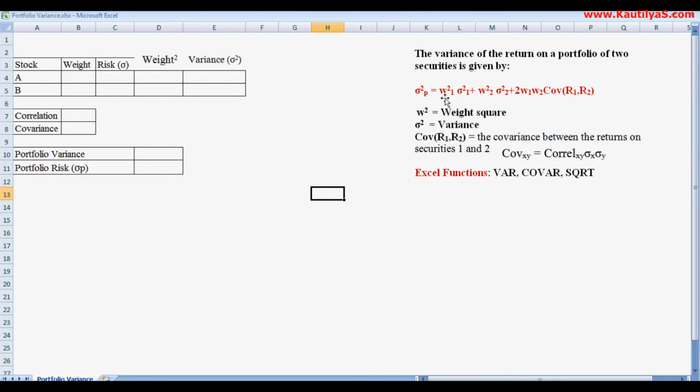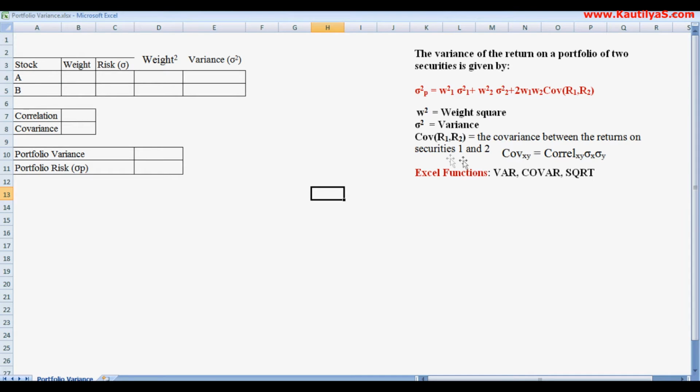That's it. So here weight square of 1 and variance of 1 is a square, weight square of 2 and variance of 2 is b square, plus 2 into weight of 1 weight of 2 is 2 into ab, and additionally added is covariance of AB. And covariance can alternatively be calculated using the equation: covariance of xy equals correlation of xy times standard deviation of x times standard deviation of y.